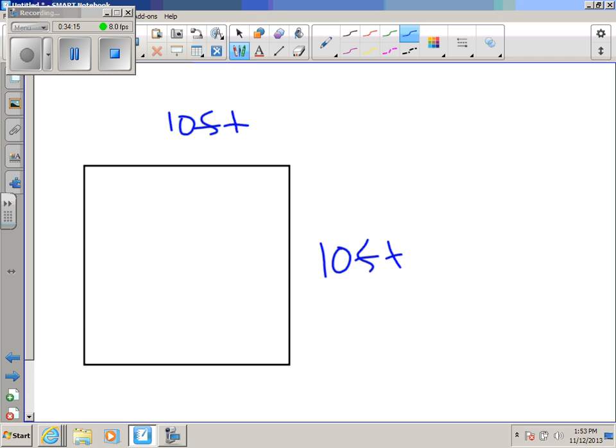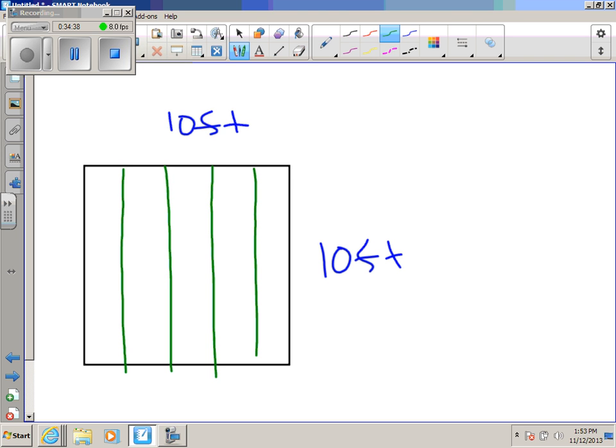Now, if it's 10 by 10, I can separate into how many sections? How many 2 feet sections can I separate into? 5. How many lines do I draw to get 5 sections? 4. Good. So 1, 2, 3, 4.